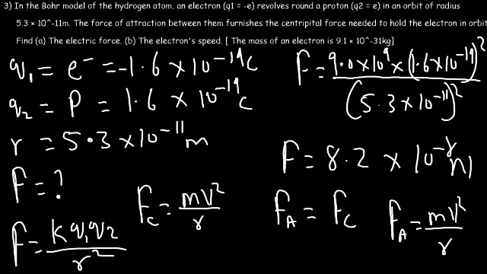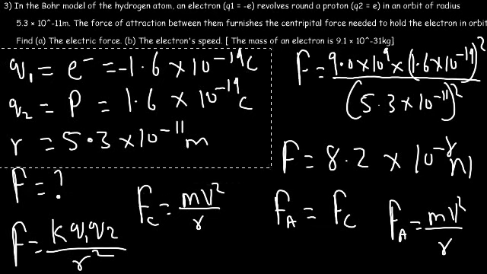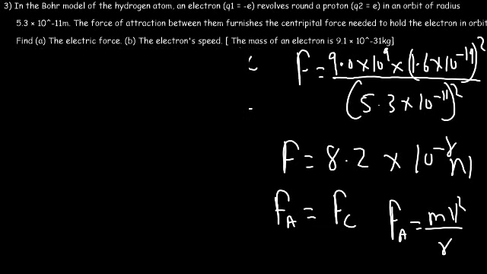So let's get rid of some things in order to have enough space. So if I cross multiply, I should have the radius multiplied by the force of attraction to be equals to the mass of the electron multiplied by the speed of the electron, typically squared.